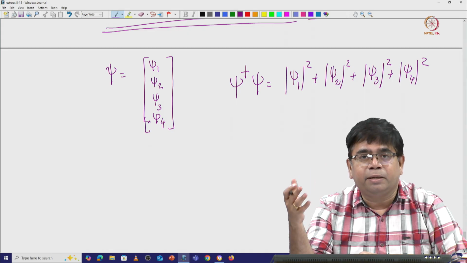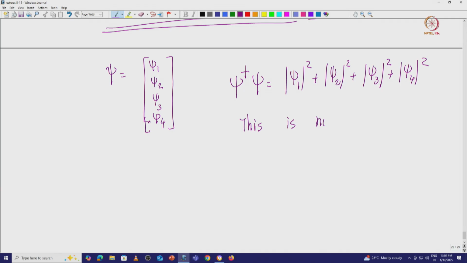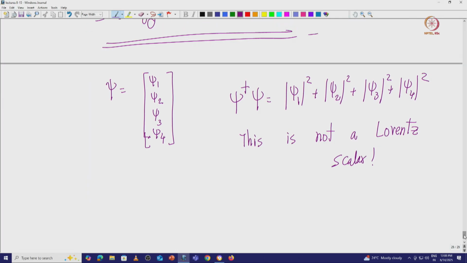This is not a Lorentz scalar. You may ask me why this is not a Lorentz scalar. These are 4 different solutions in general, they are not Lorentz scalars.